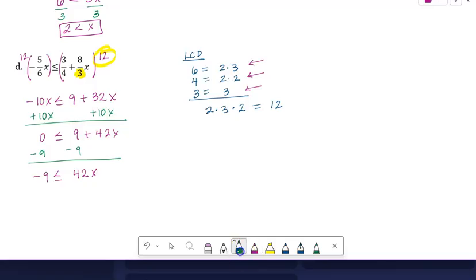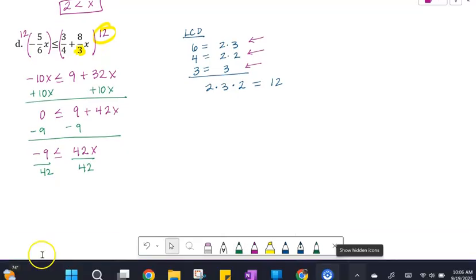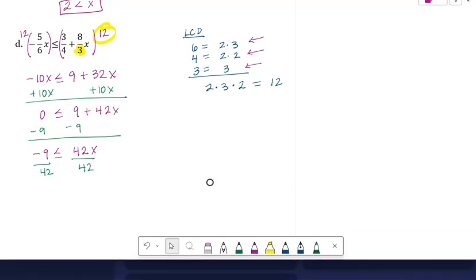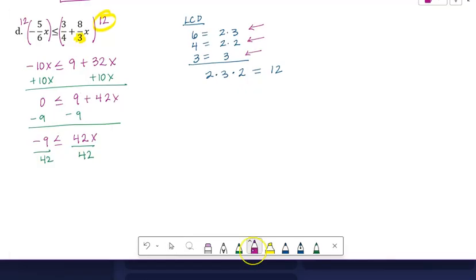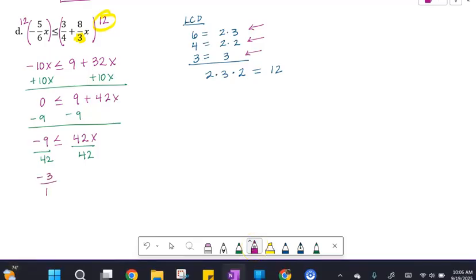And then I'll divide both sides by 42. I think I can simplify this fraction a little bit. Both 9 and 42 are divisible by 3. So it looks like we get negative 3 over 14 as our final answer. So x's that are greater than negative 3 over 14.